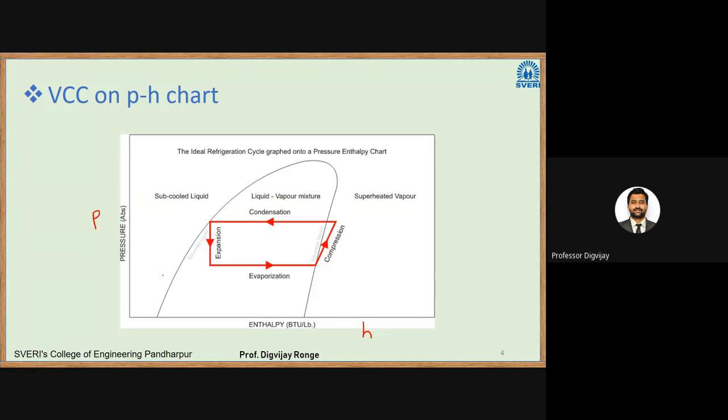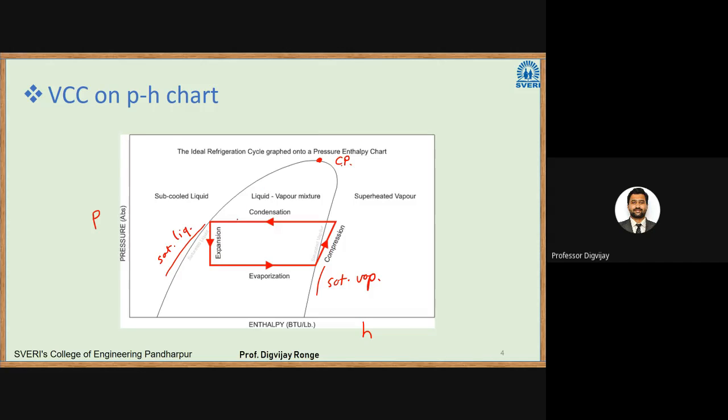This curve we call the saturated liquid curve. What you see on the right is the saturated vapor curve. They both meet at one point, which we call the critical point.